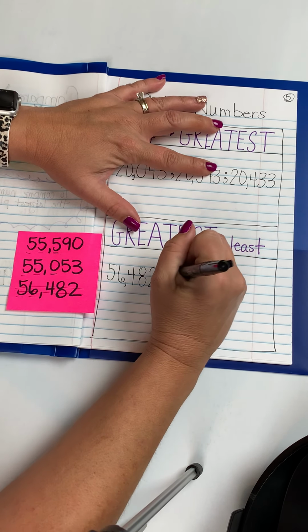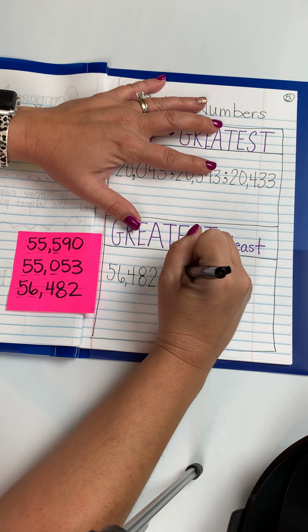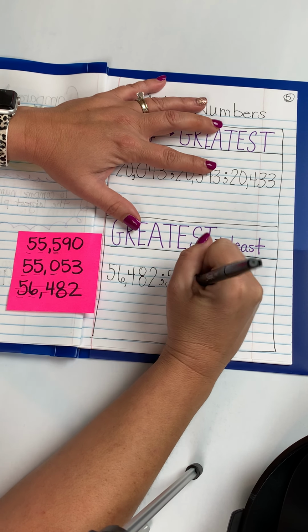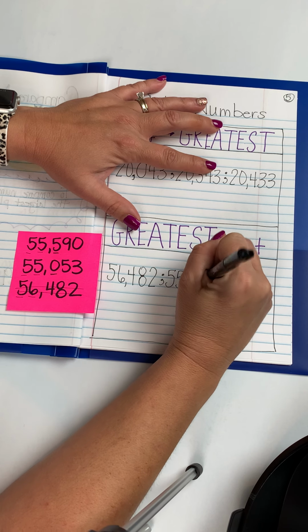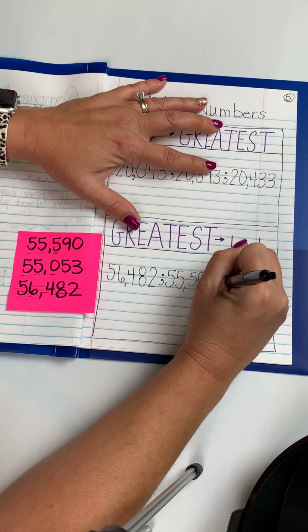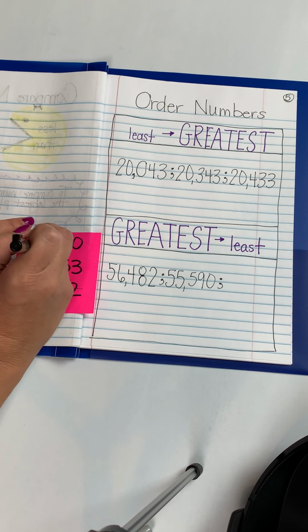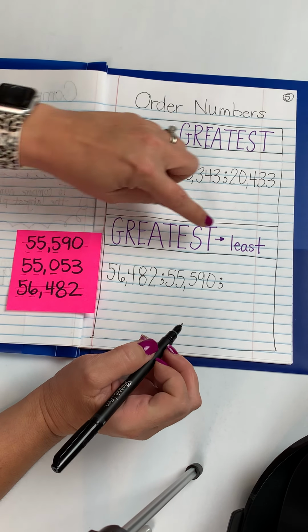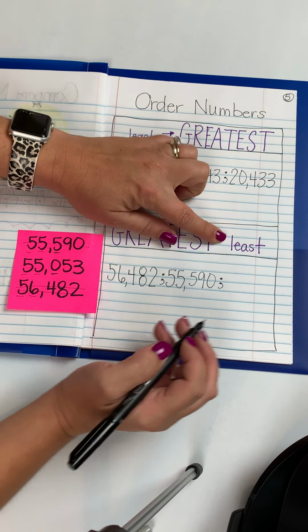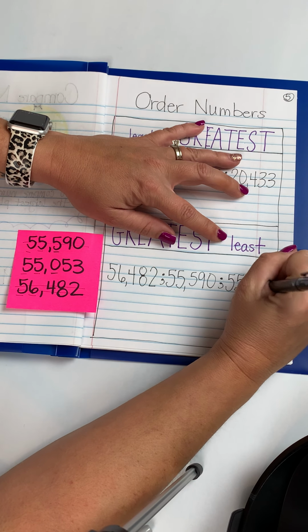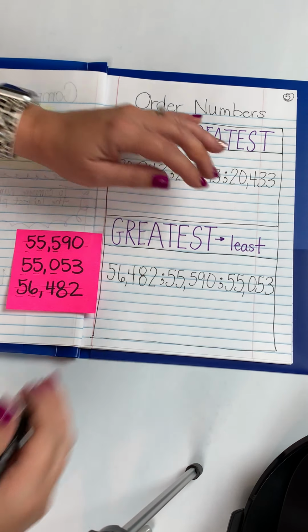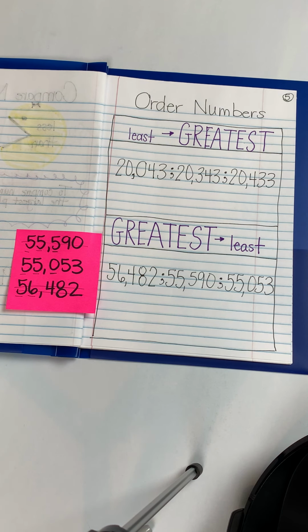So that one's going to come next. 55,590 is next. And then this other number, since it has a 0, it is going to be the least or the smallest number. So 55,053. All right, so that is how you order numbers.